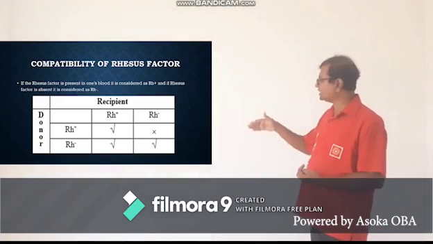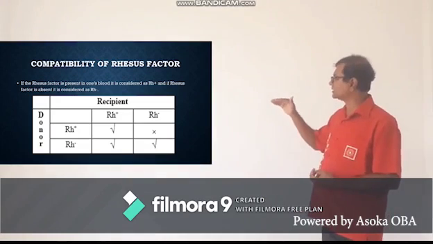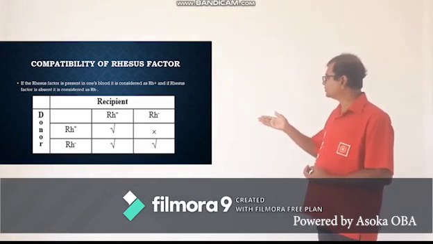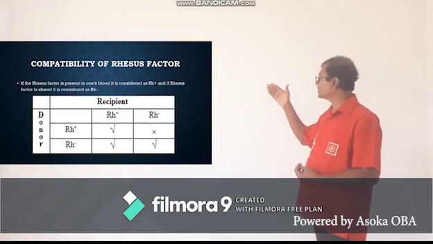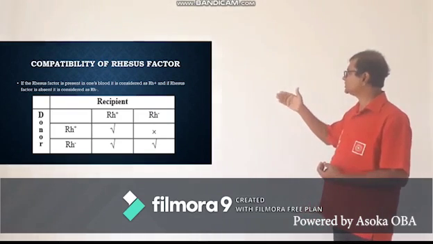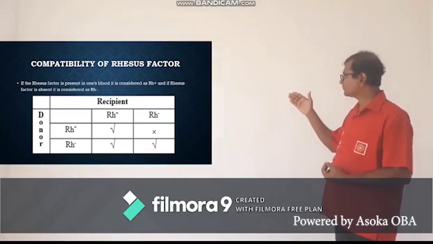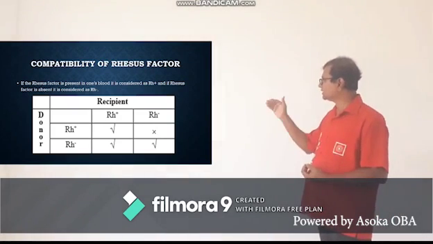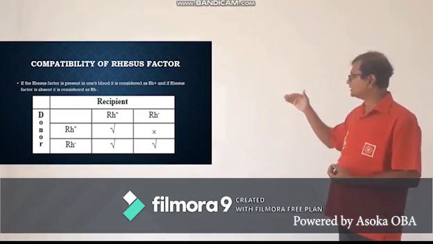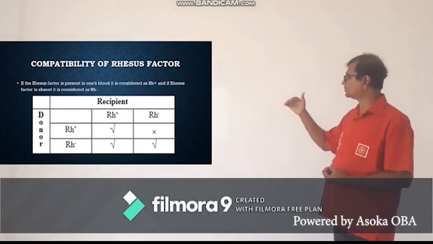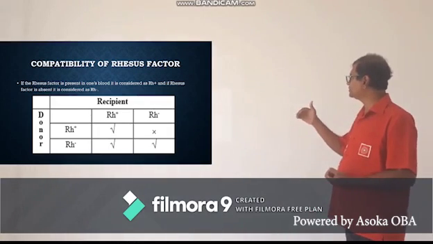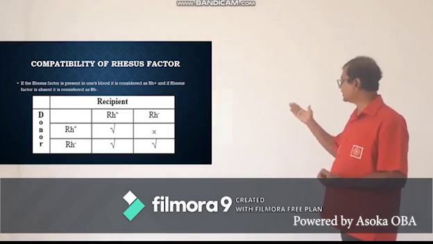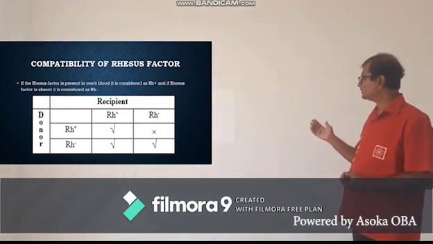And if the donor is Rh negative, there is no problem in giving the blood to the Rh positive recipient. Even the Rh negative donor can give blood to an Rh negative recipient.